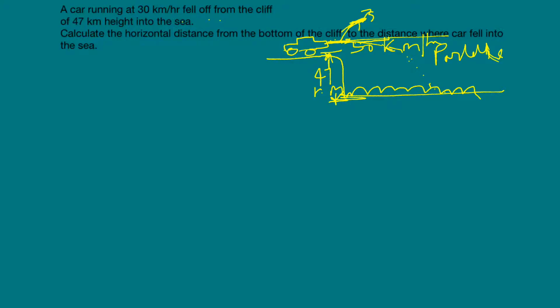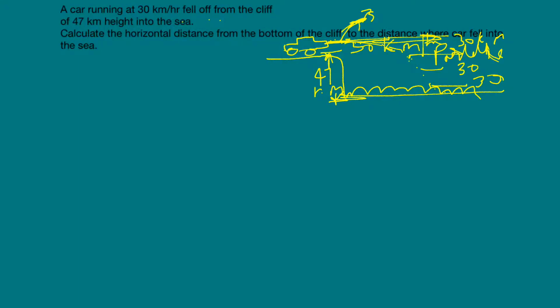Always remember, on the x-axis, which is parallel, it is 30 kilometers per hour. The velocity will remain constant. At this point also it will be 30 kilometers per hour, and at this point also it will be 30, because horizontal velocity remains constant. That is the rule.